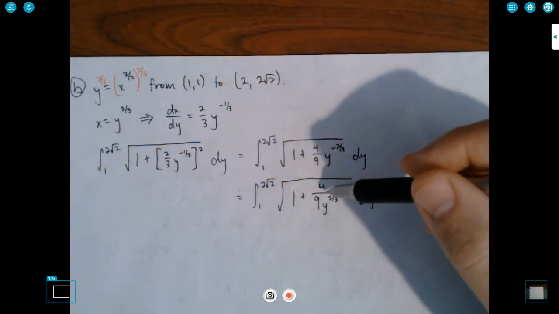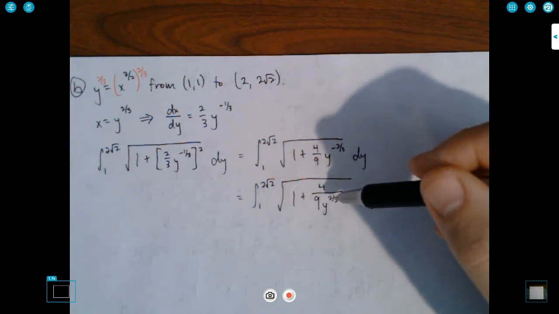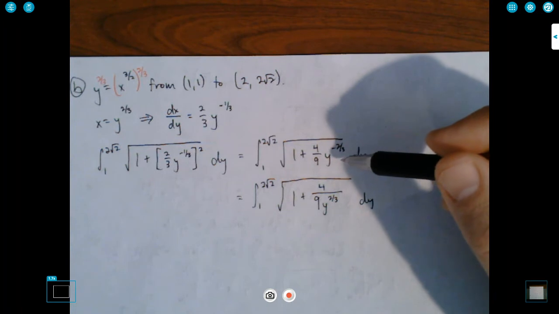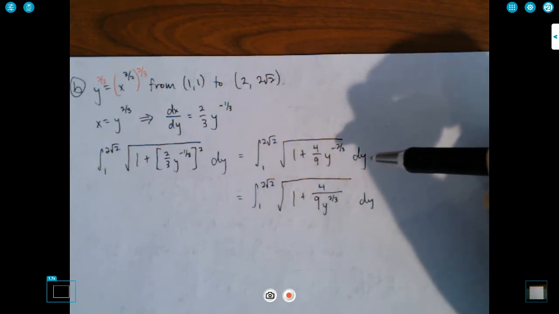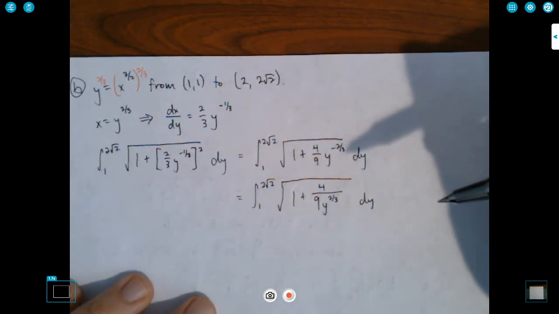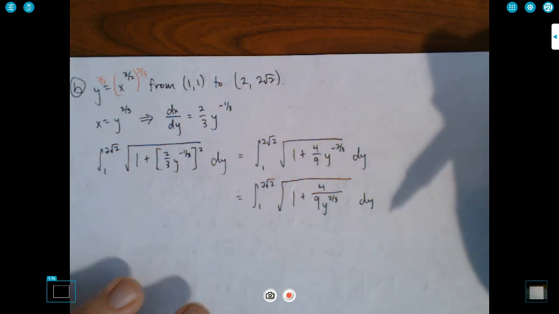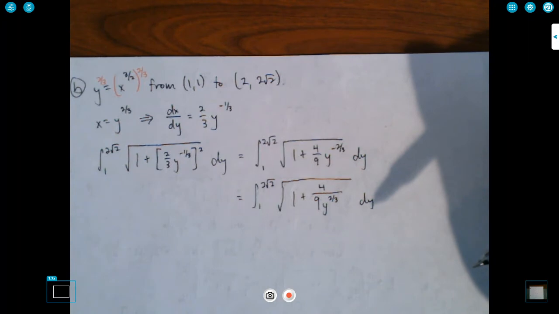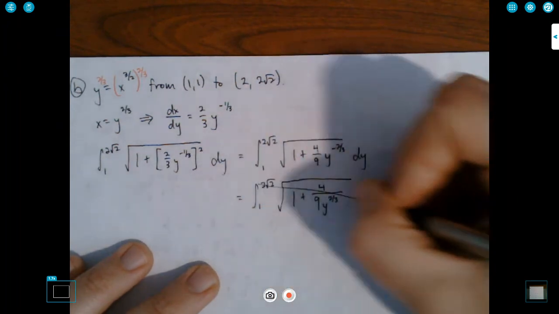You know what? Actually, what if I factor out a y to the negative 2/3? Yeah. Okay. So forget this step.